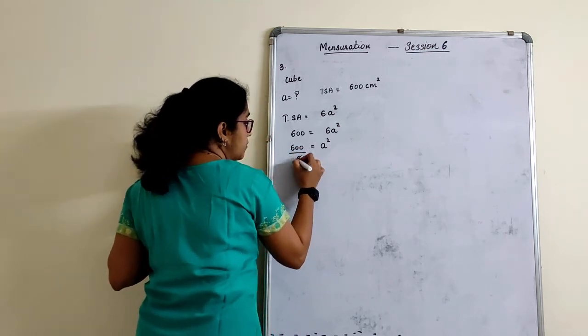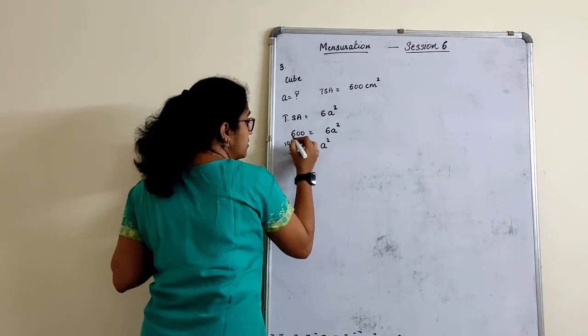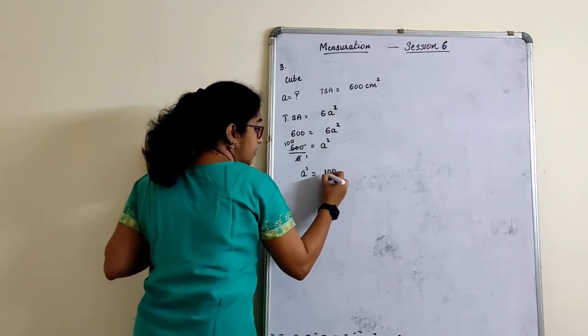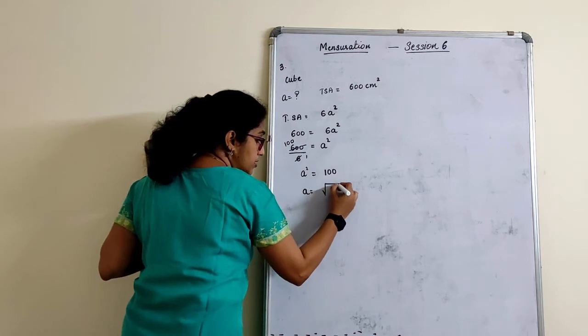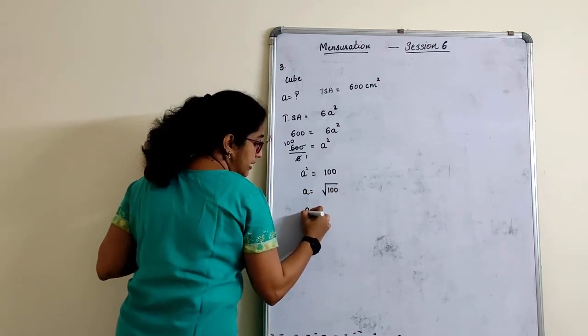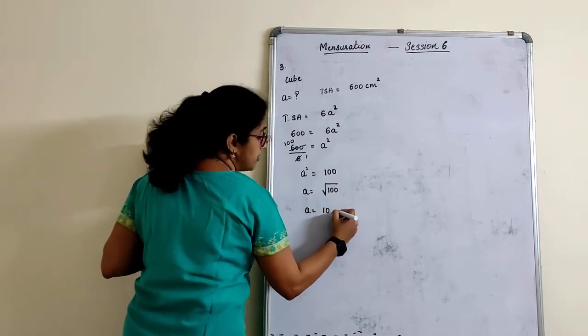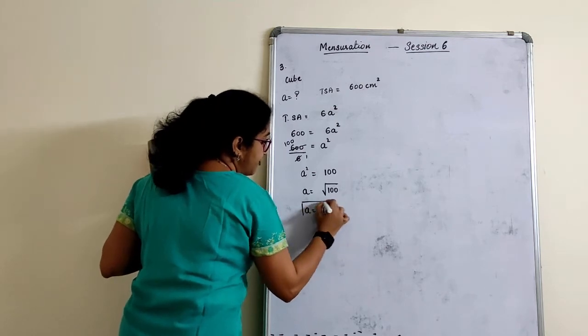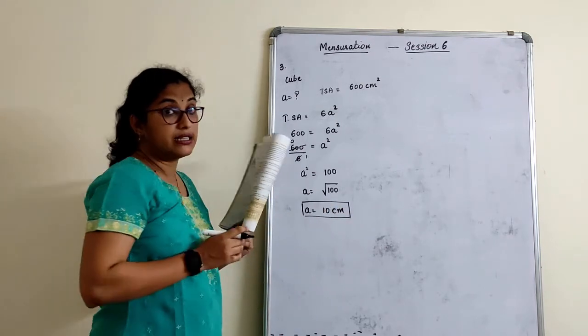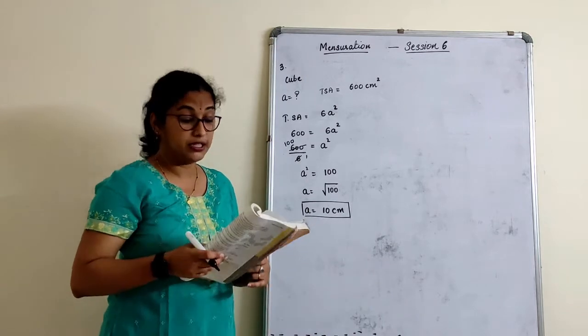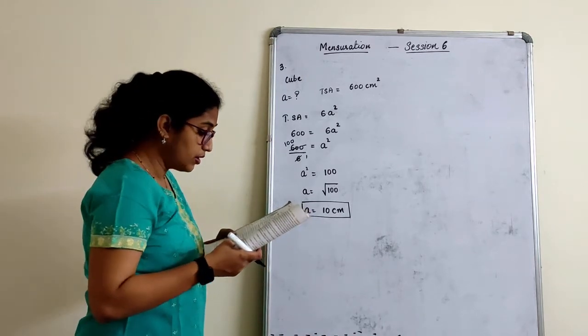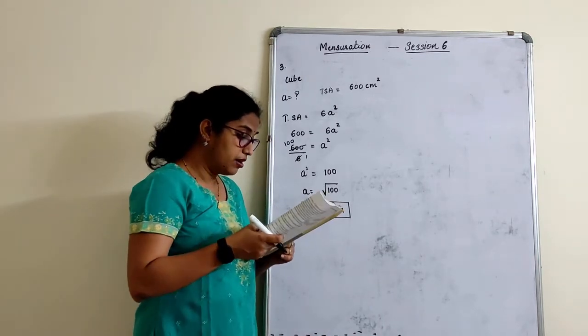Therefore, A square is equal to 100, 6 ones are 6, 6 zeros are 0. A is equal to square root of 100 and A is equal to 10 centimeter. Therefore, side of a cube is, give the conclusion, 10 centimeter. A simple sum. Okay. Next one.